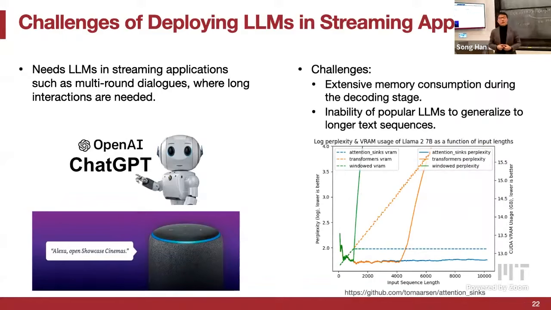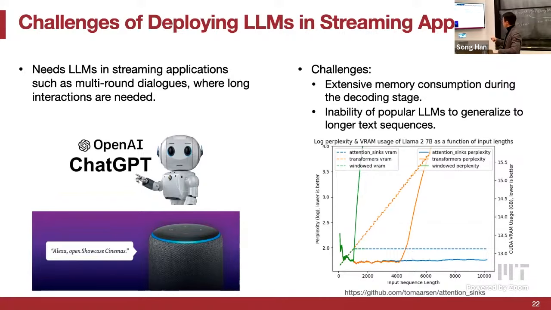So let's talk about StreamingLLM for long generation in streaming applications. We need large language models in streaming applications, such as multi-round dialogues, where you want to continuously interact with a chatbot non-stop. But this is very challenging because long conversations require extensive memory consumption during the decoding stage.